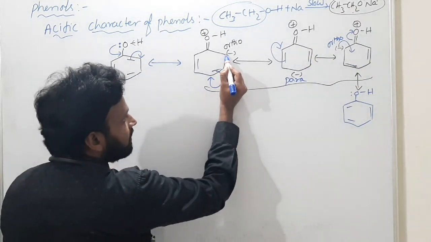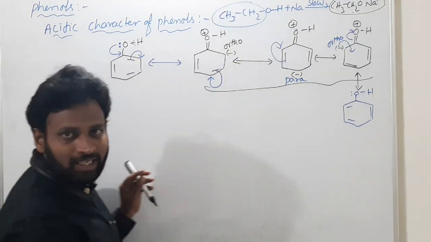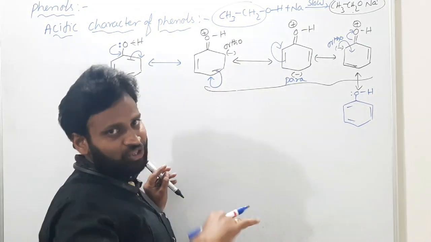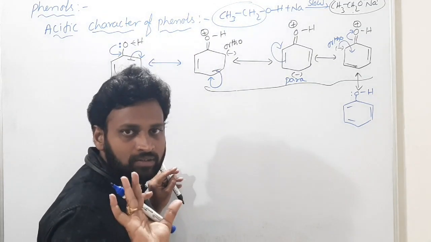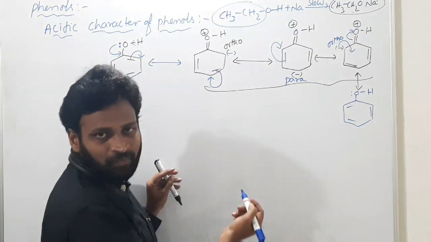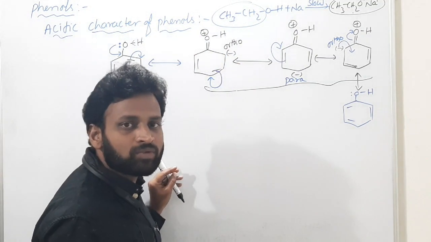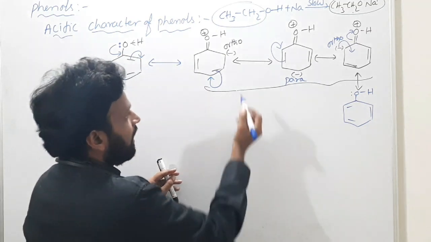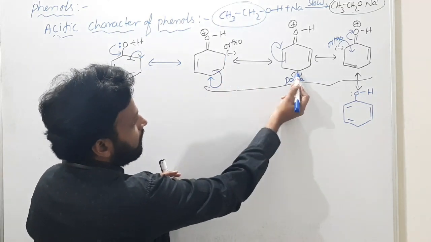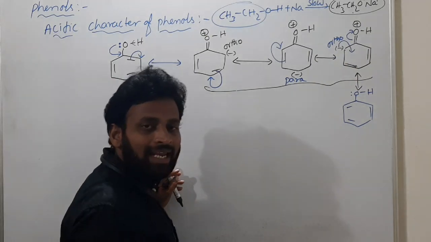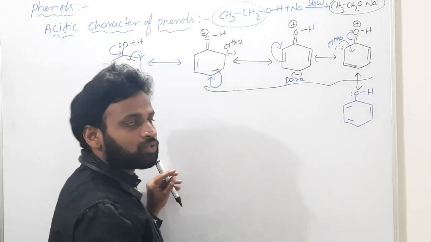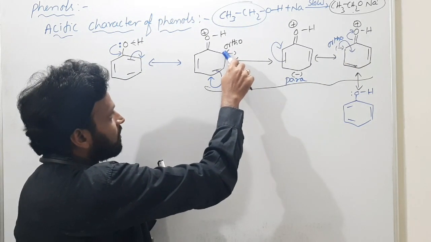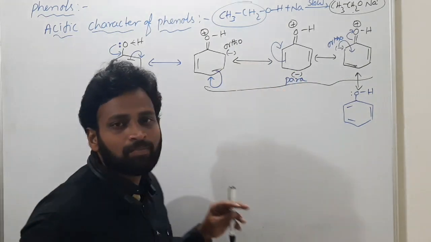So this negative charge can be stabilized by some electron withdrawing groups. Correct or not? Electron withdrawing groups means what? They are electron deficient. At ortho you have rich, para rich, ortho rich. So they can be stabilized at ortho as well as para.